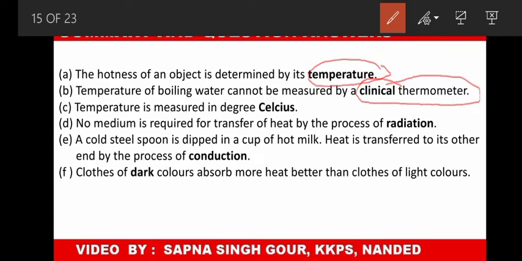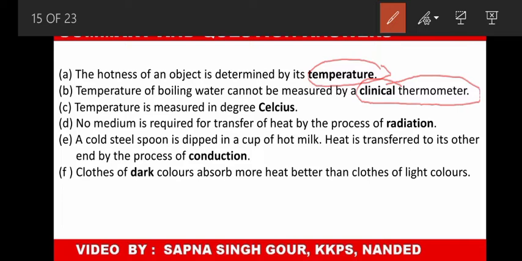With the help of the clinical thermometer, we can measure the temperature of the human body, but we cannot use it to take the temperature of boiling water, because water starts boiling at 100 degrees Celsius, and the range of a clinical thermometer is up to 42 degrees Celsius only. So what will happen if you try it? It will break.